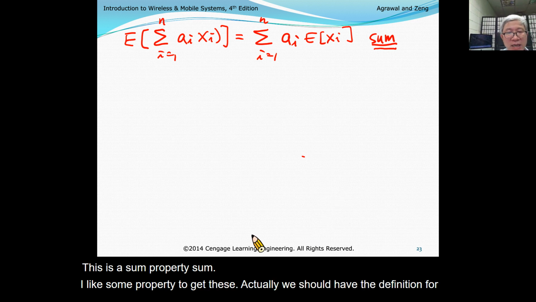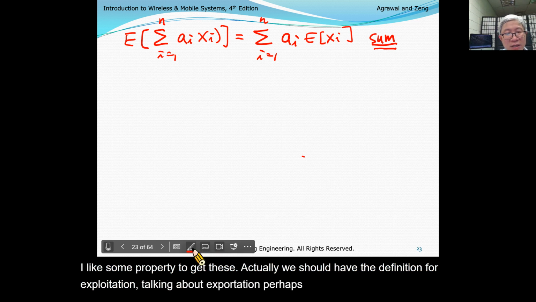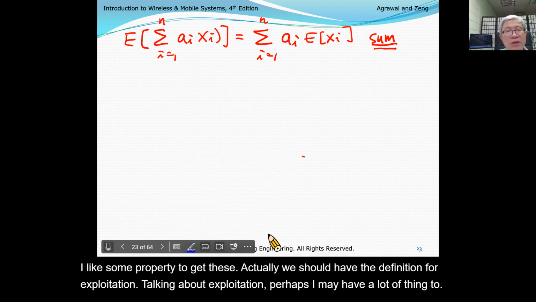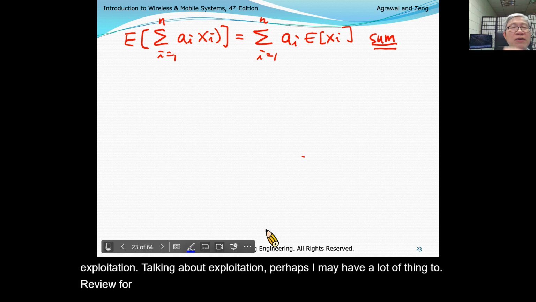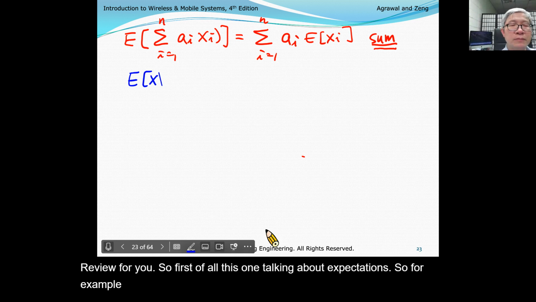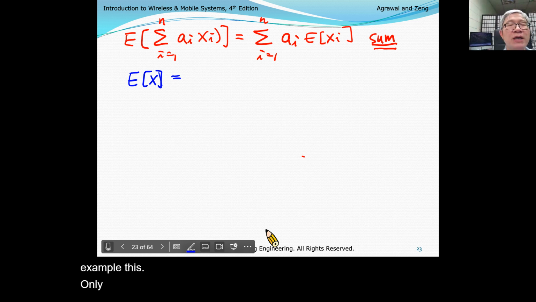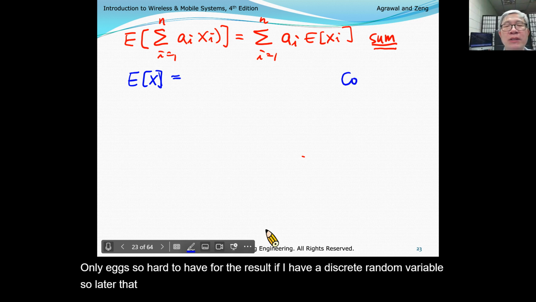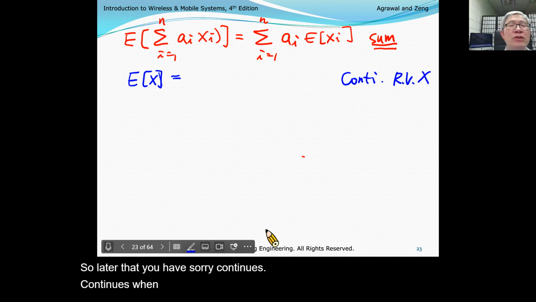Talking about expectation, perhaps I may have a lot of things to review for you. So first of all, talking about expectation, for example, only x. How to have the result? If I have a discrete random variable, or later, a continuous random variable x, we have these.